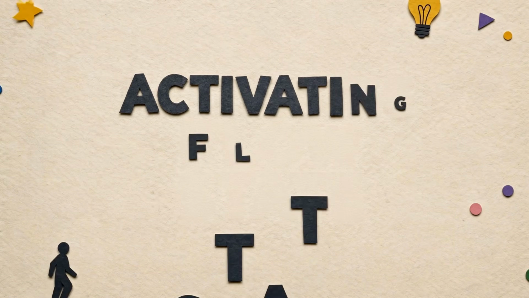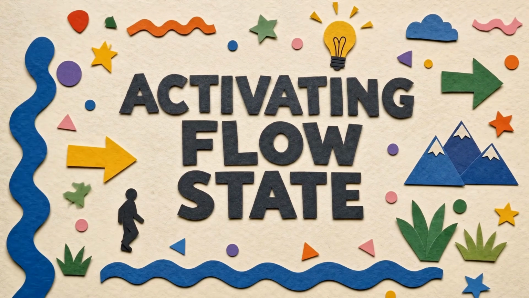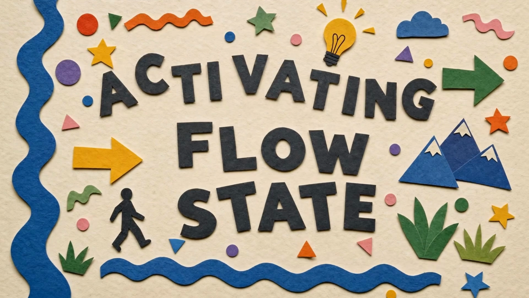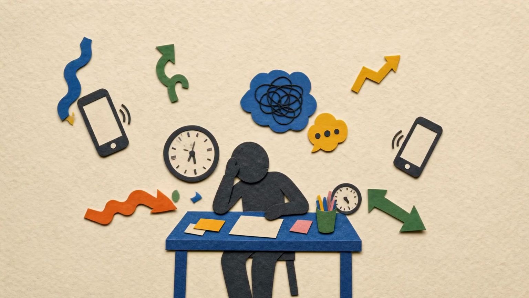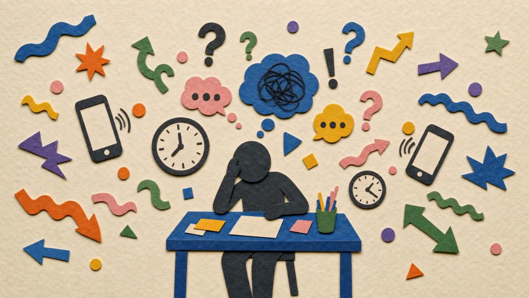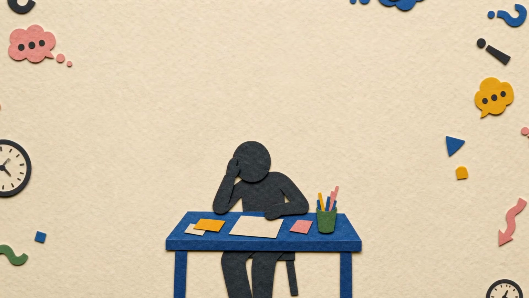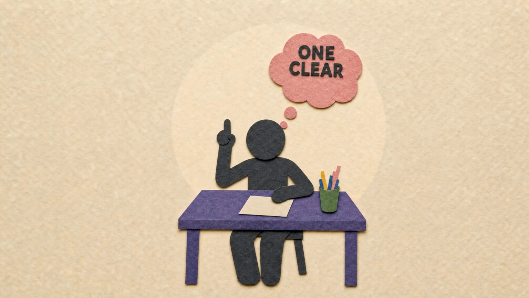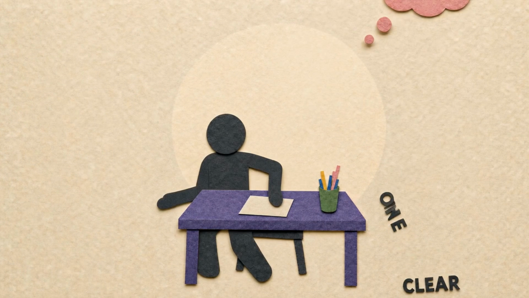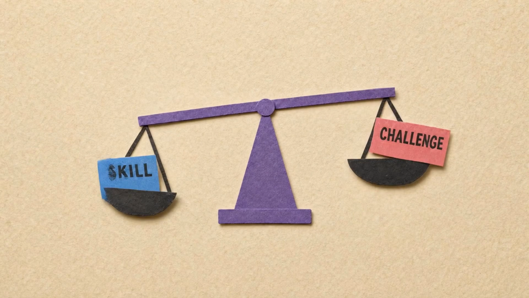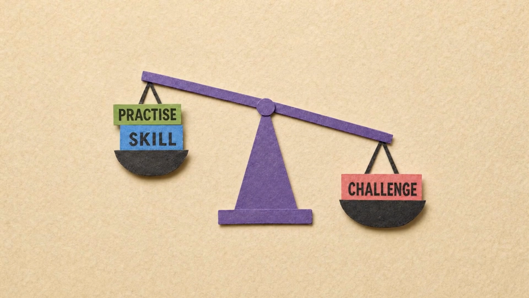Flow state is that rare feeling where the work stops feeling like, well, work. At first, most creative work feels noisy. But flow usually starts when the noise is reduced to one clear task. It happens when the challenge is hard enough to hold your attention, but not so hard that it overwhelms you.